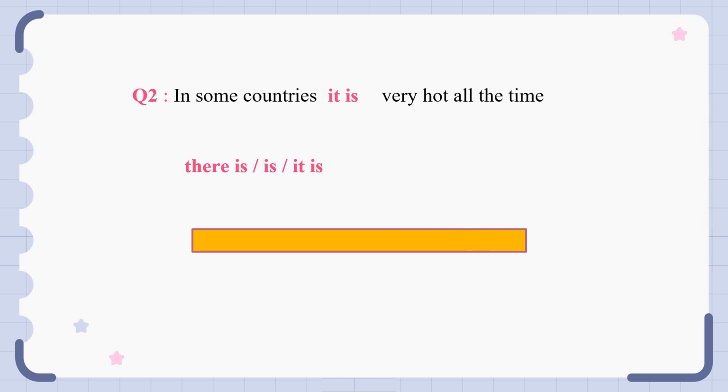The answer is it is. In some countries, it is very hot all the time because here we are describing something, which is the weather. And we cannot use is because there is no subject in our sentence.